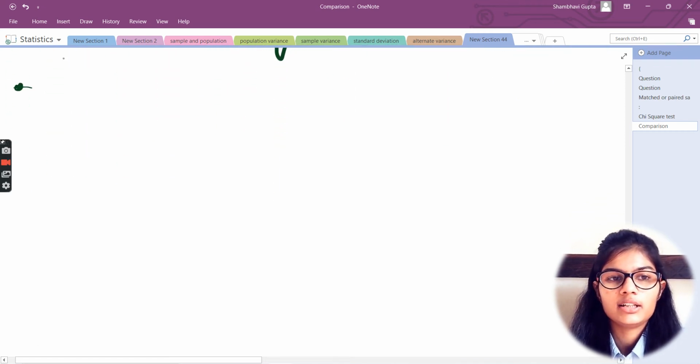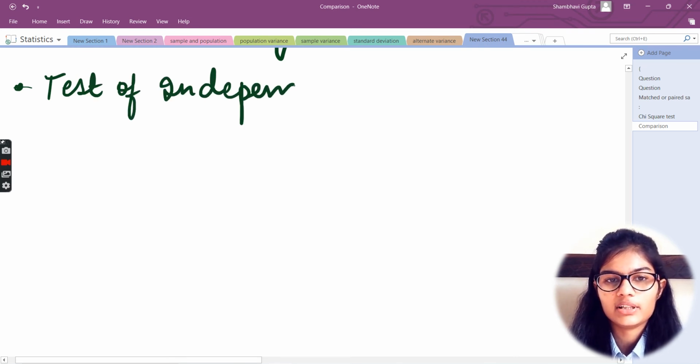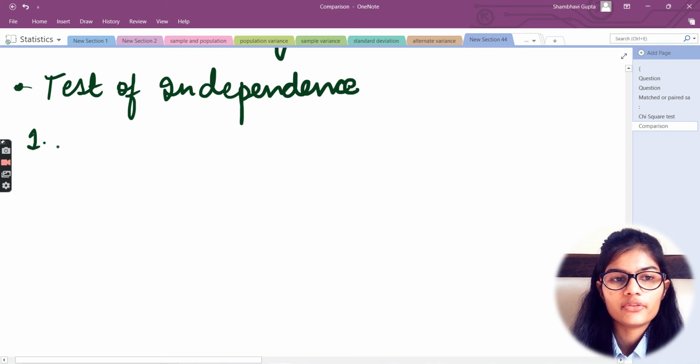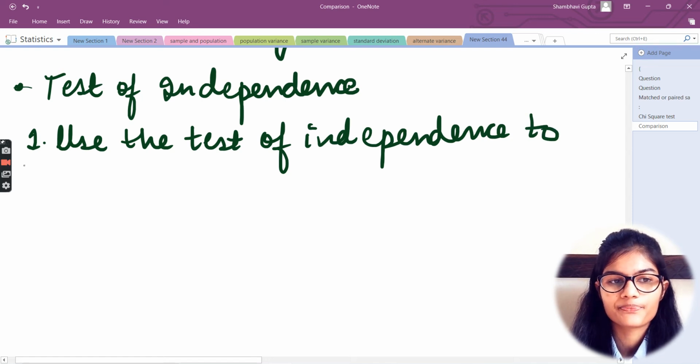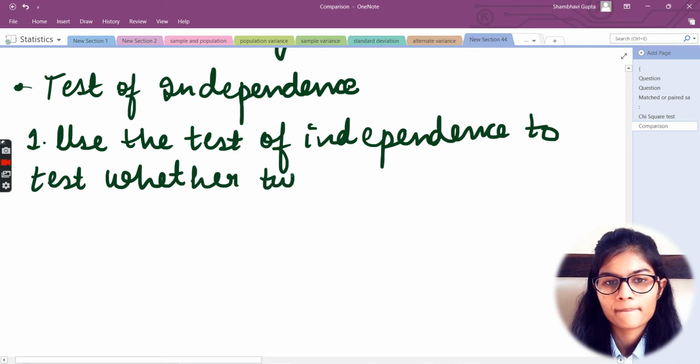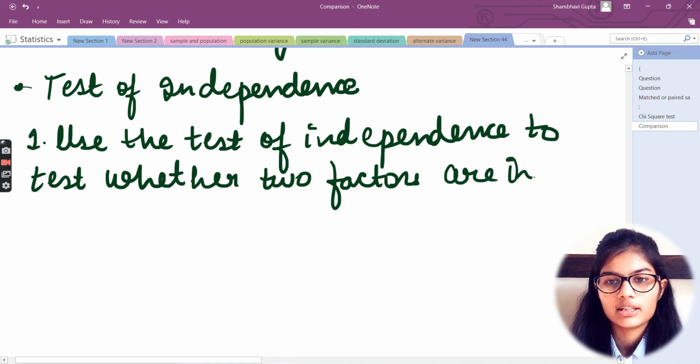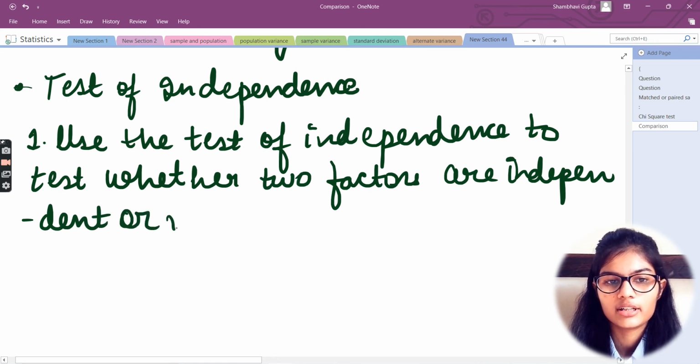So here goes the test of independence. The first point: use the test of independence to test whether two factors are independent or not, right?